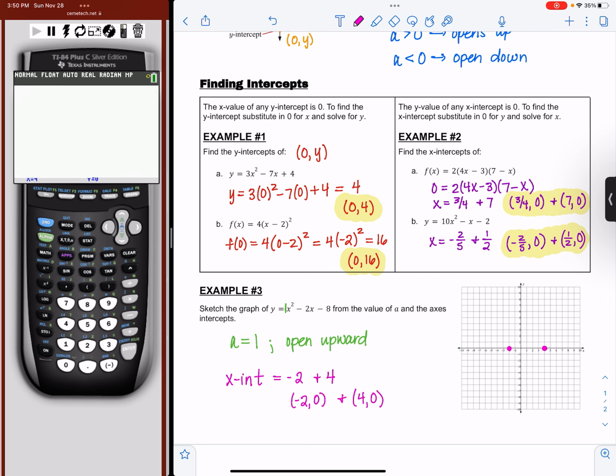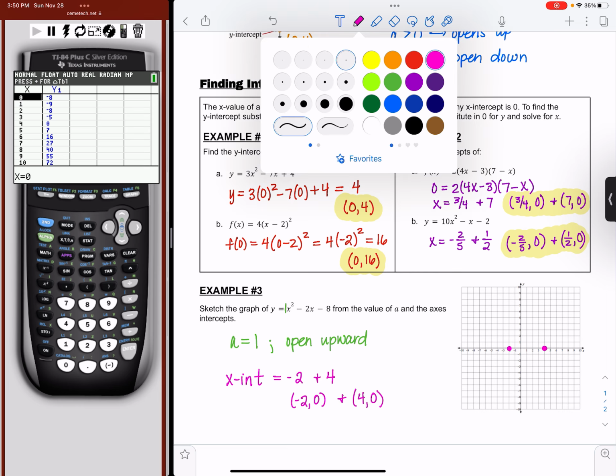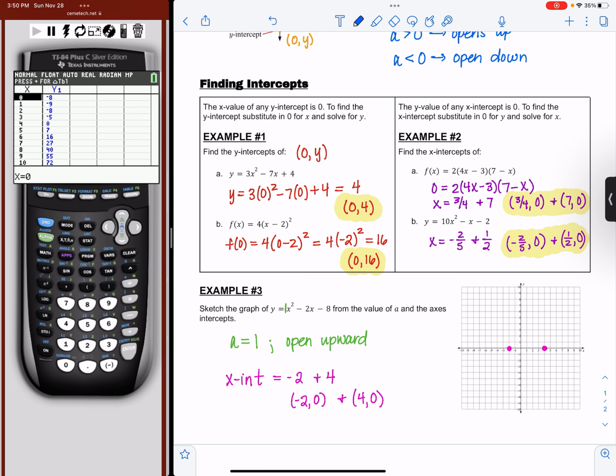So I'm going to go to second table. When I go to second table, I know that the y-intercept is the value of y when x is 0. Just by looking at the table, my y-intercept is -8, and we write that as the point 0, -8.